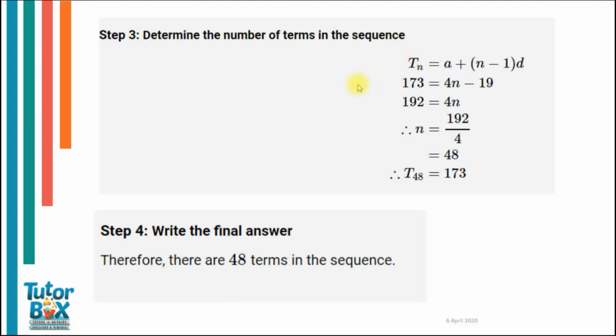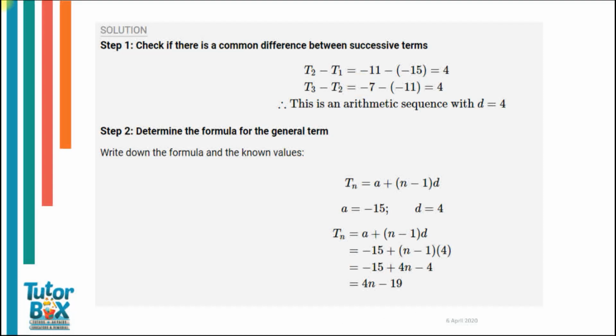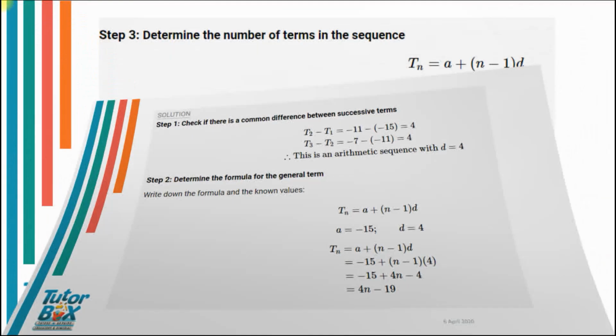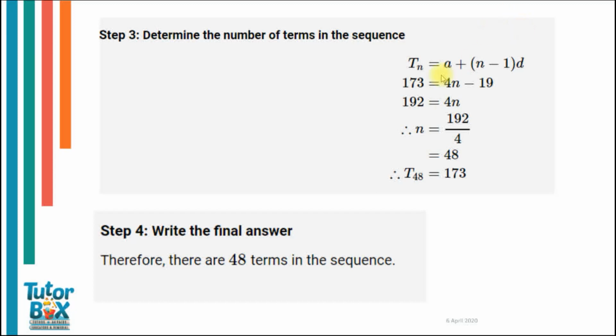Because we don't know if it's the 50th term or the 60th term, we're calling it the nth term. Now our nth term will be 173, so I replace Tn with 173. This equals a plus n minus 1 times d, which is 4n minus 19, taken from the answer for question 2.